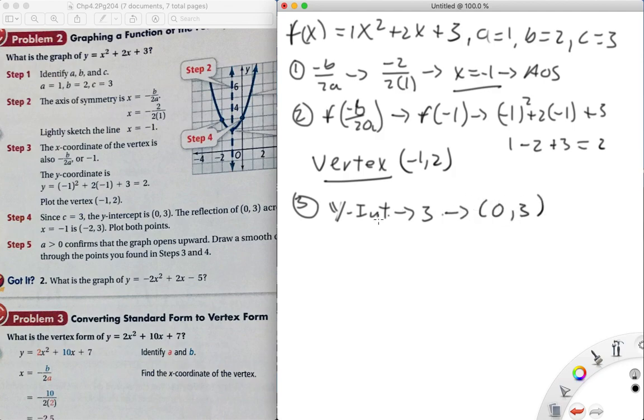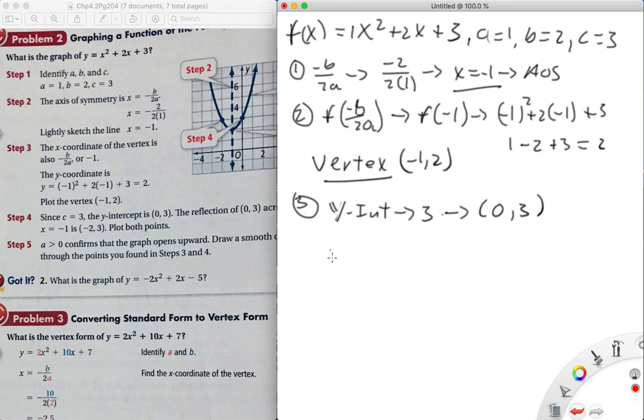That is my y-intercept. Take a look at this. I have my axis of symmetry, and I have my y-intercept.